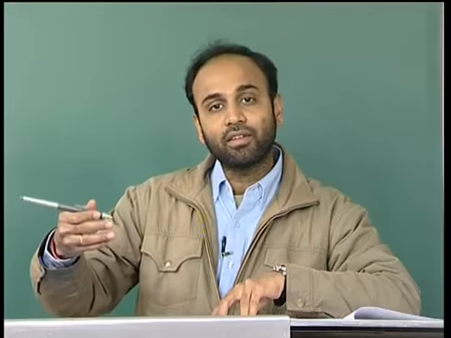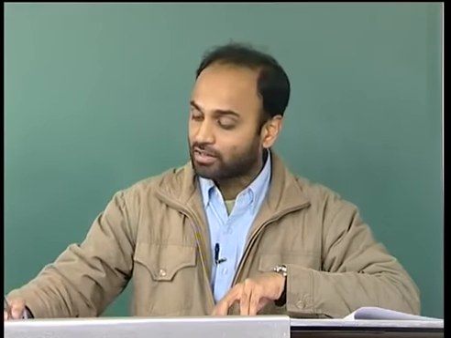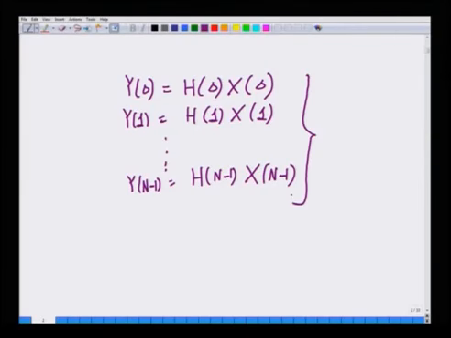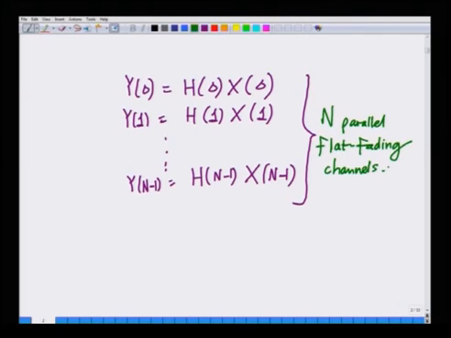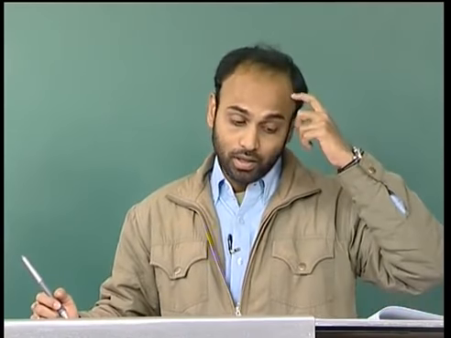So I have converted my frequency selective channel into a set of N parallel flat fading channels. OFDM essentially helps me convert a frequency selective channel with intersymbol interference into a set of parallel flat fading channels without any intersymbol interference.